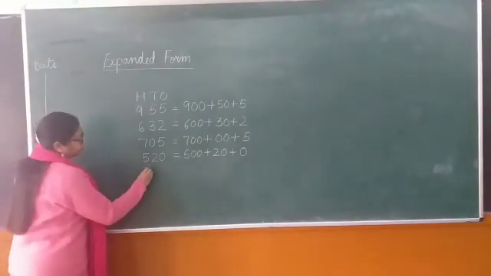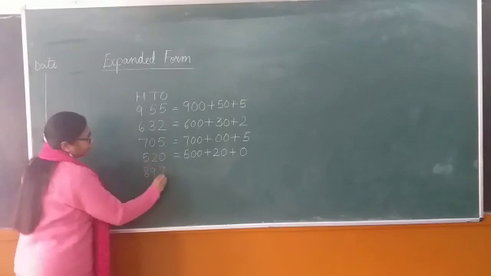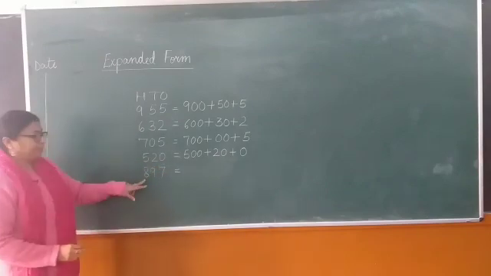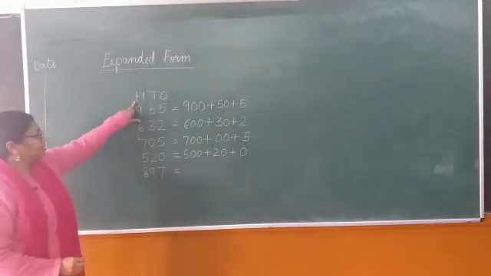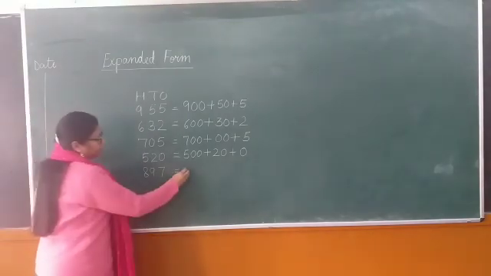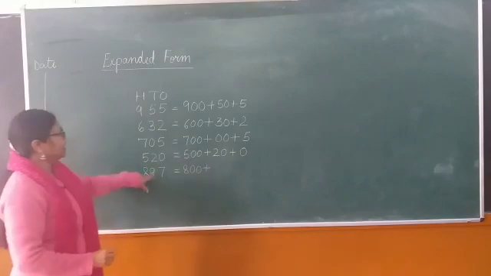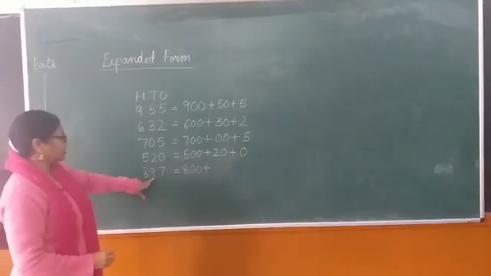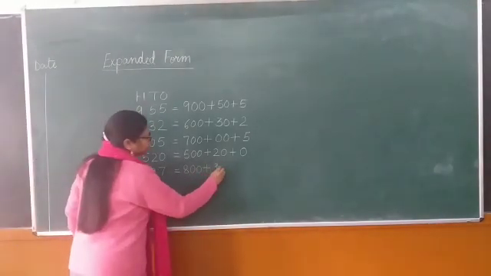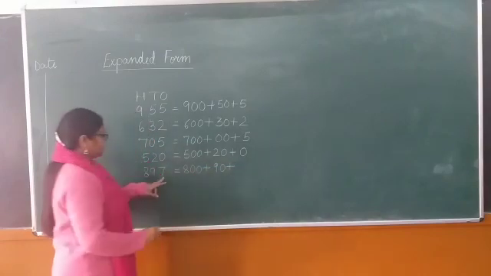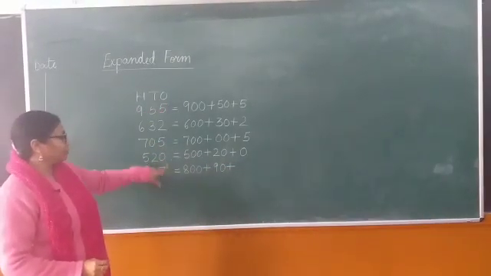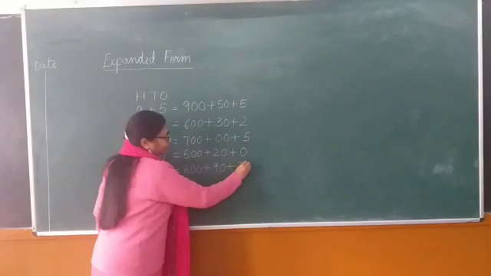Now, again the place value of 8 comes under hundreds, so 800, plus 9 comes under tens, so it is in the tens place, so 90, plus 7 is in ones place, so we will write only 7.